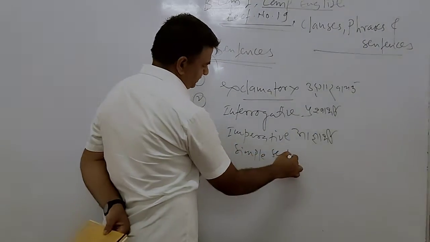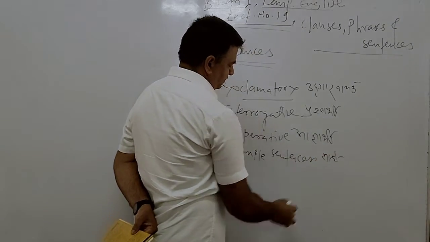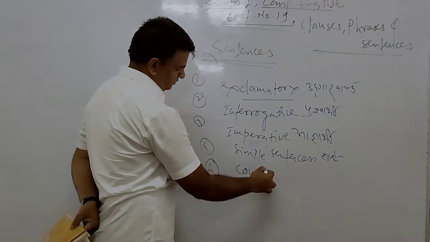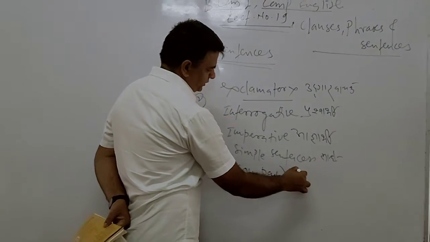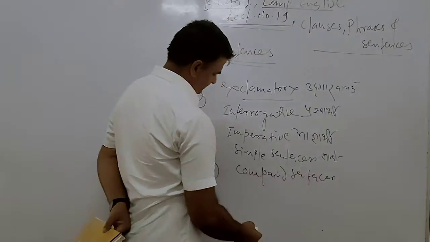Then we have simple sentences, साधे वाक्य. We have compound sentences, मिश्र वाक्य.